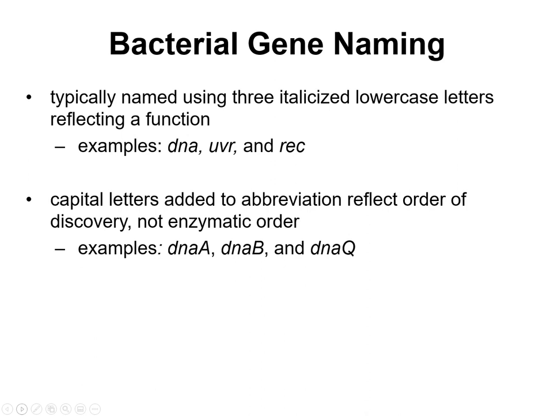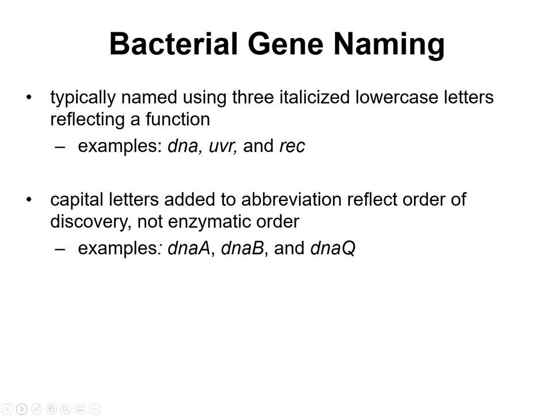So with bacterial gene naming, typically you're going to see three italicized lowercase letters, and the function of the gene, aka the gene product, is the name. So dna, uvr, rec, they're usually acronyms for things.